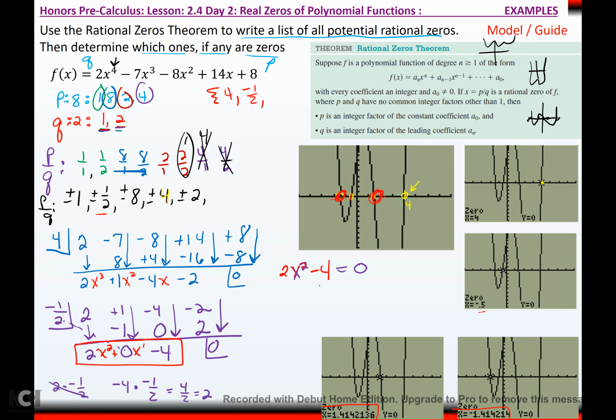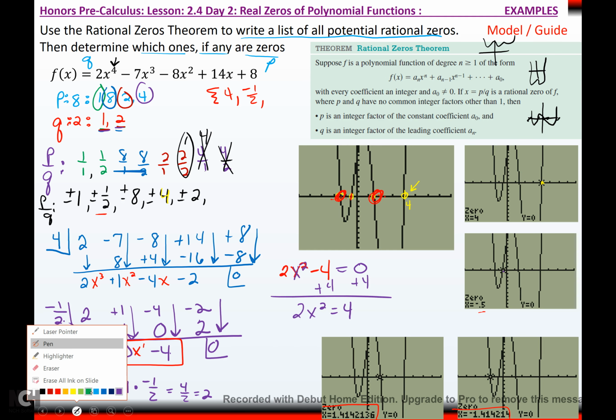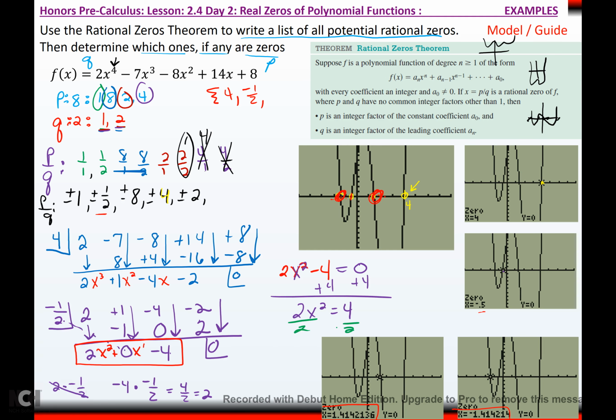So to isolate it first, I'm going to add 4. Wait a minute, hold on. Oh yeah, plus 4, sorry. 2x squared equals 4. Then I'm going to divide by 2.